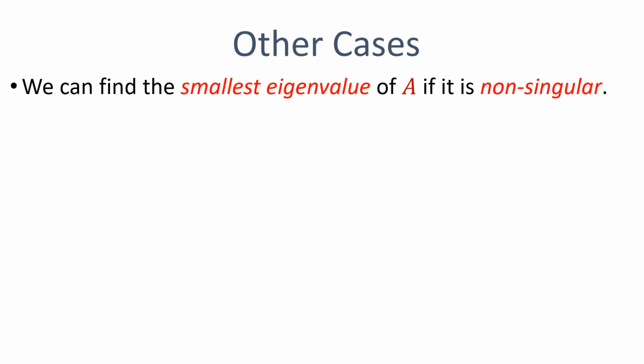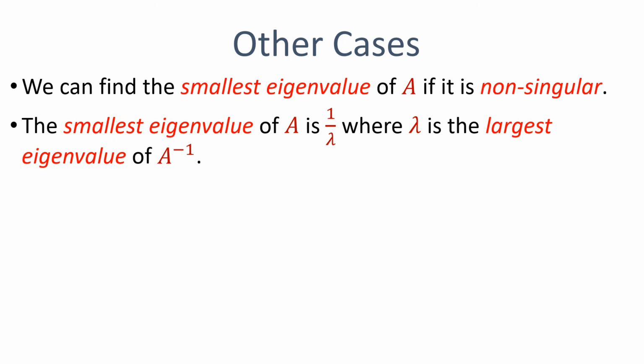Suppose we're interested in other cases. We can find the smallest eigenvalue of a given matrix if that matrix is non-singular. How do we do that? All we need to do is observe that if lambda is the largest eigenvalue of a matrix, then the smallest eigenvalue of the inverse matrix is 1 divided by lambda.